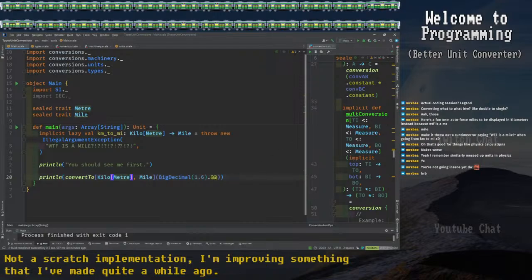If anybody's here, can I have a relatively complicated conversion? Like, that's actually used in real life. I guess no one's here, so I guess I'll have to find one.